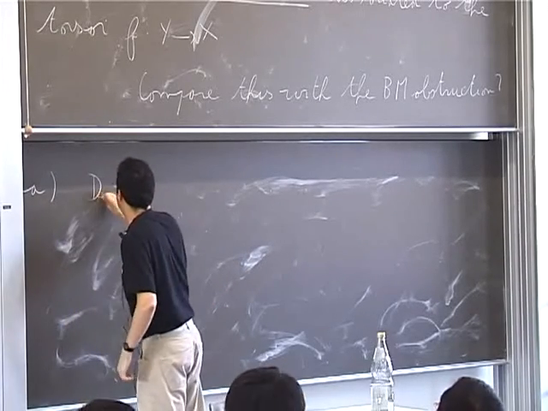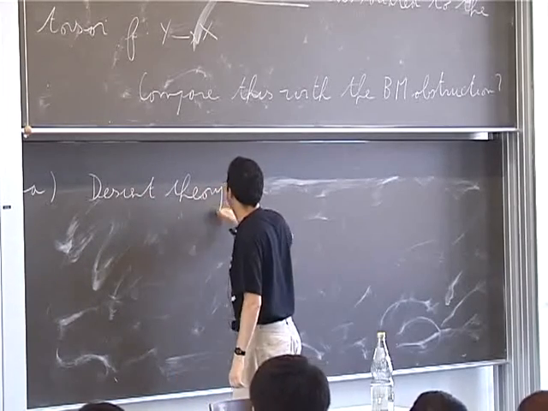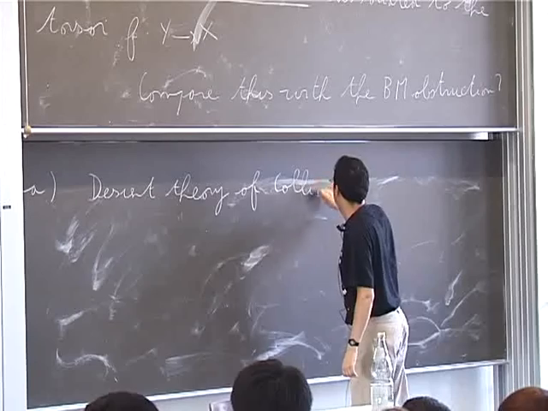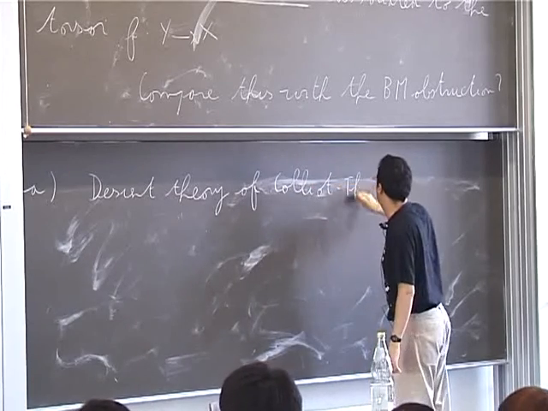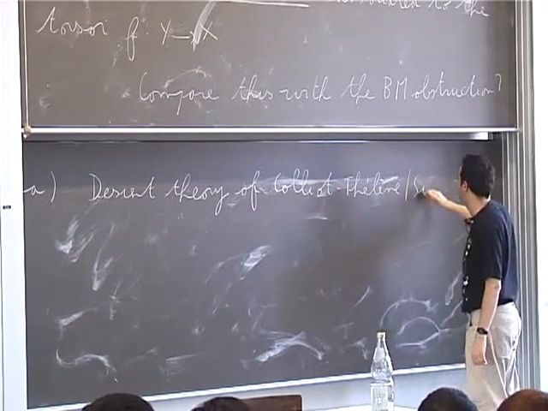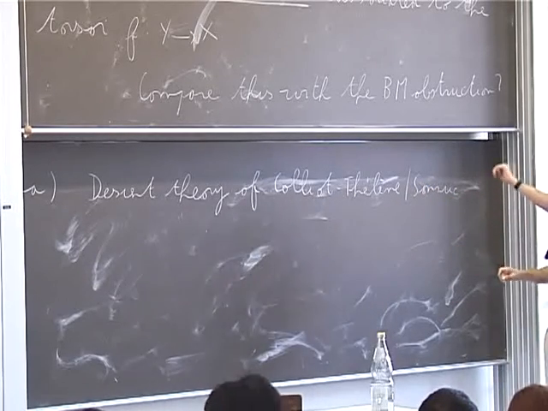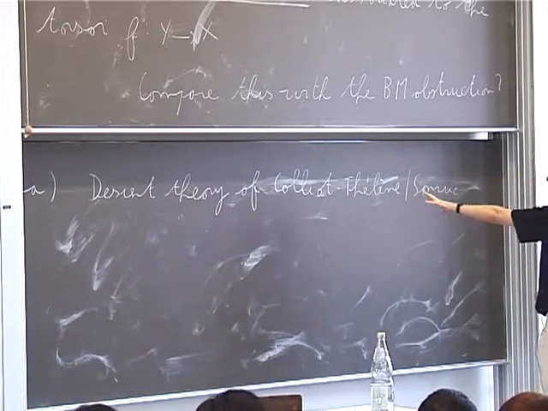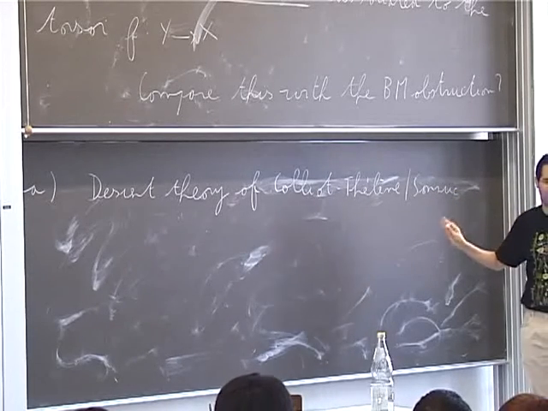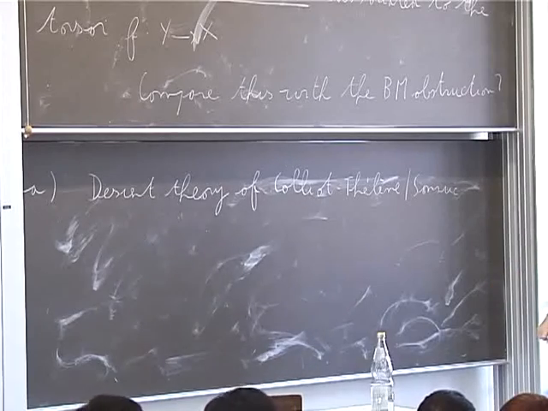So if you take descent theory of Colliot-Thélène and Sansuc, from now on I assume that X is projective, by the way. This theory was refined by Skorobogatov, because Colliot-Thélène and Sansuc deal with the case of a torus, and this was extended to any group of multiplicative type by Skorobogatov.